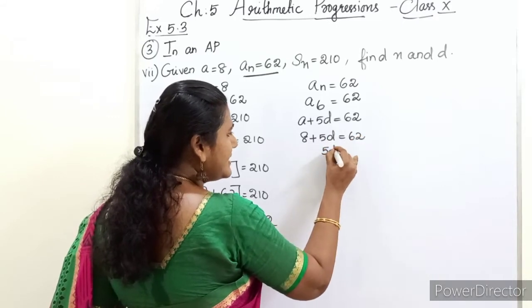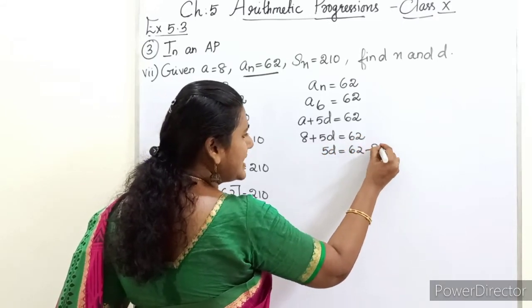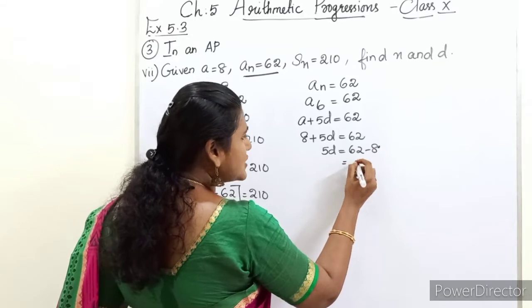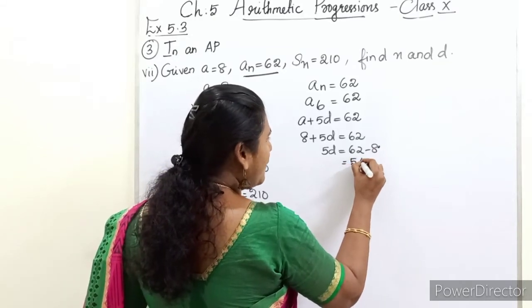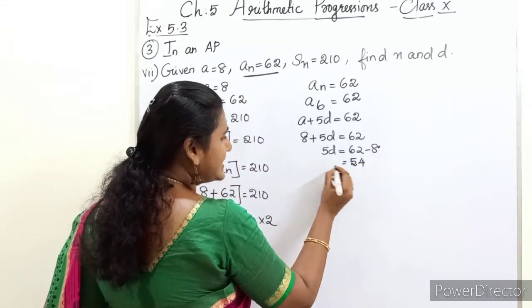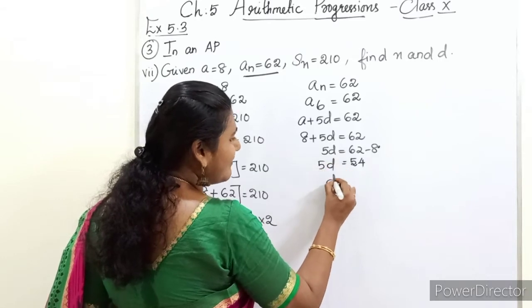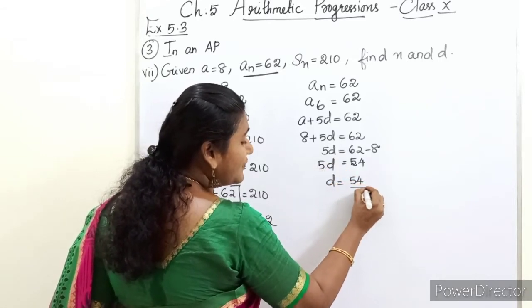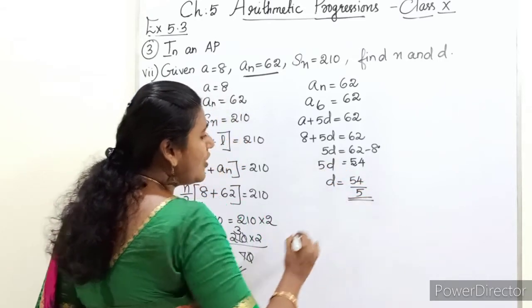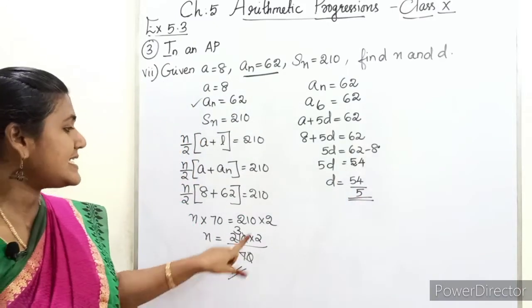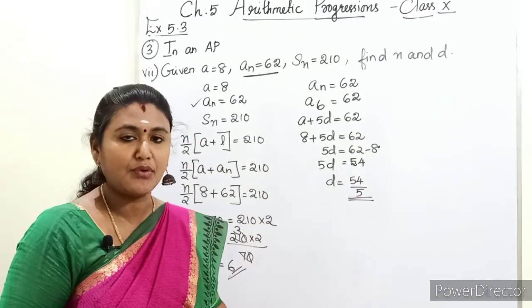So 5d is equal to 62 minus 8. When you subtract, you will get 54. So 5d is equal to 54, and the value of d is equal to 54 by 5. So we got the value of n as 6 and d is equal to 54 by 5.